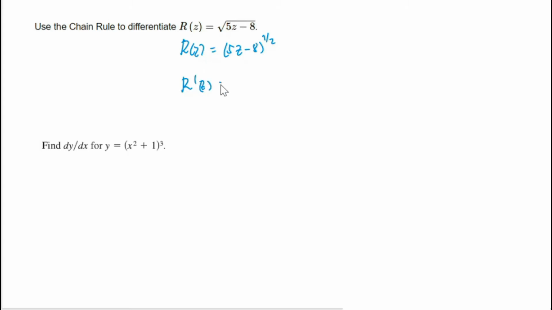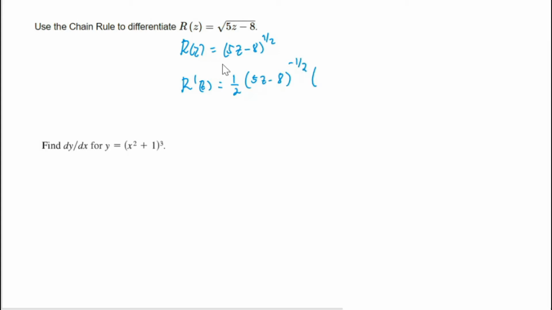So r prime of z is equal to, using the power rule first, one half times the quantity of 5z minus 8, and then subtract the exponent by 1. So one half minus 1 equals negative one half.